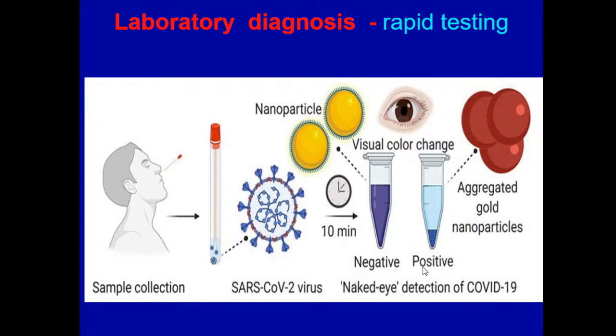And if the reaction is positive, we may perform naked eye detection of COVID-19. The nanoparticles will be aggregated, and they will change their color from yellow to, I would say, violet or so.